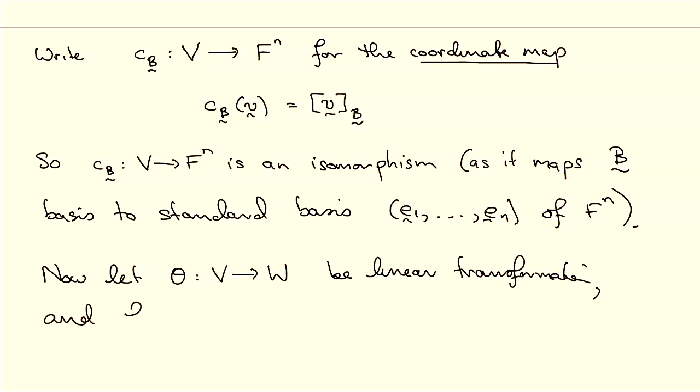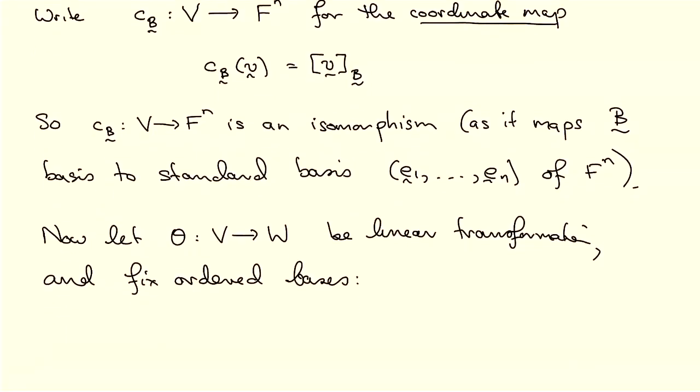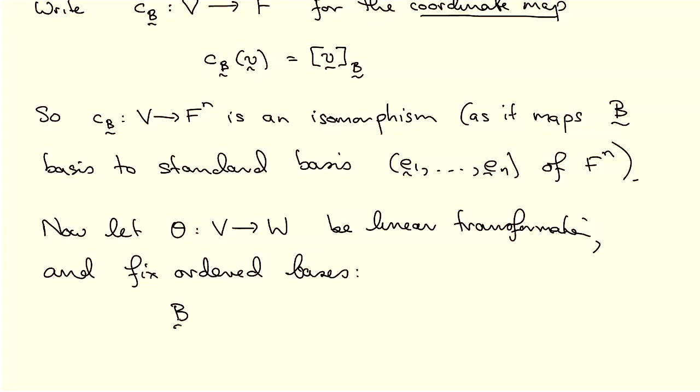And fix ordered bases. Well, we already had B. So let's say V was n-dimensional. I'm assuming that we've got finite dimensional vector spaces.